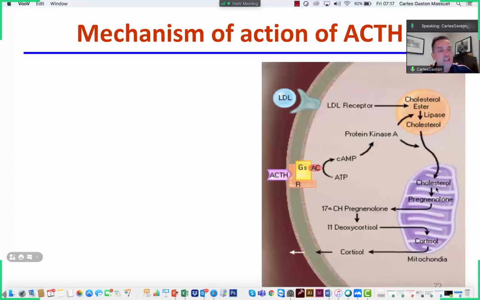Then inside of the mitochondria, cholesterol is transformed to pregnenolone, okay? Then it will go outside, it will become 11-deoxycortisol, go back inside, cortisol, and then cortisol will be released. Let's look at it a little bit more in detail.